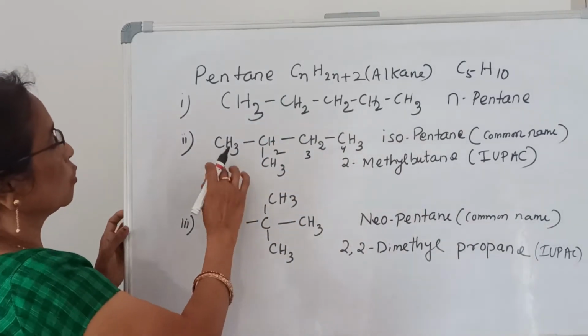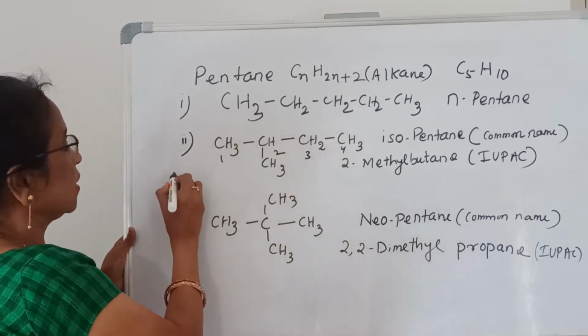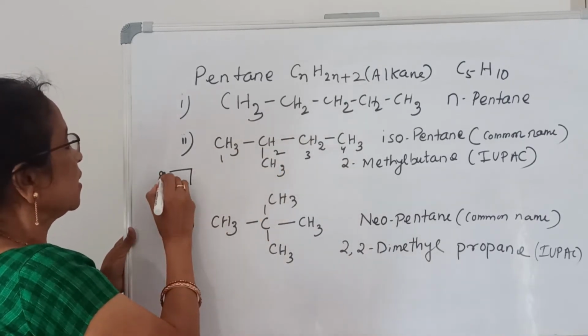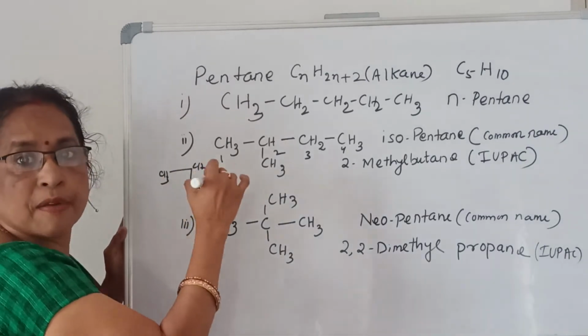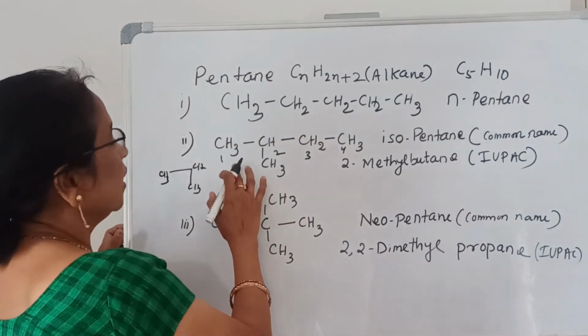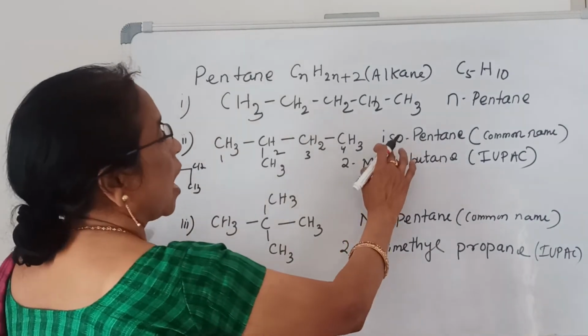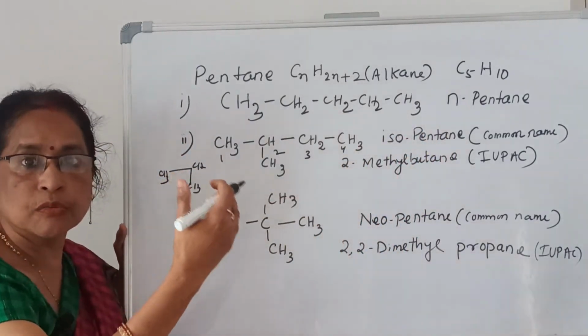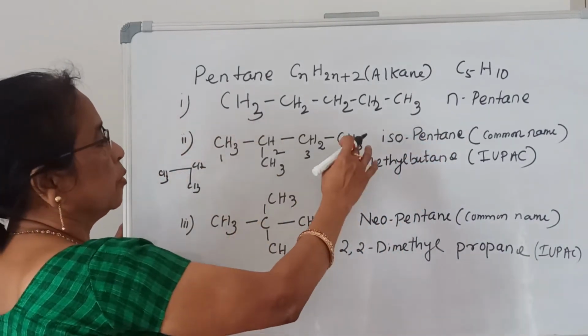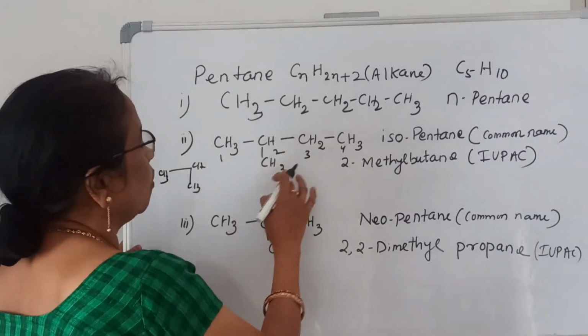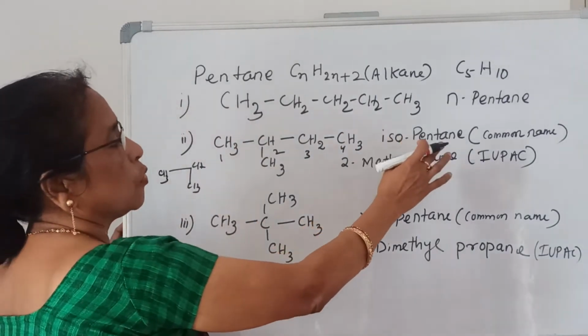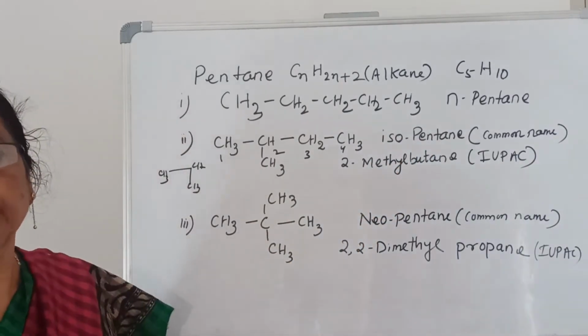I told also CH3, CH3, CH, CH3. If this is the type of linkage there, then it is called iso. So isopentane. When the word iso is used, the total carbon atoms are counted 1, 2, 3, 4, 5. So it is isopentane. That is by the common name.